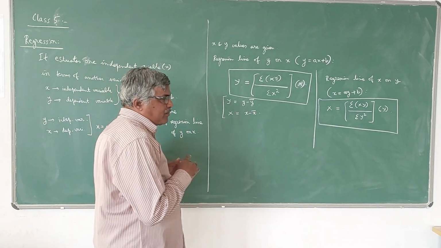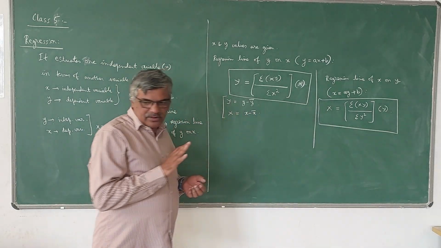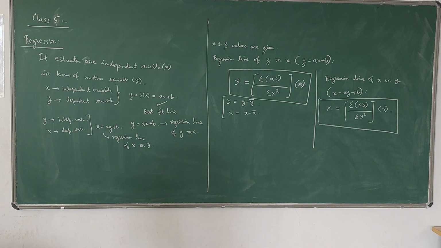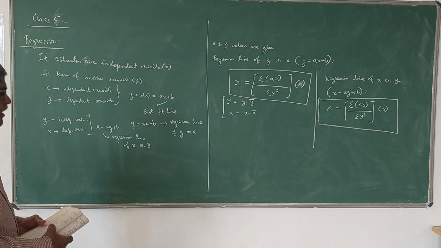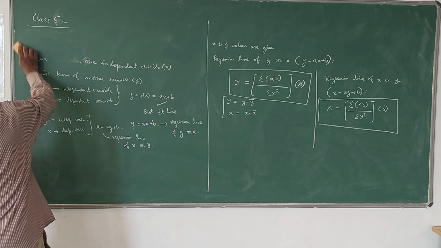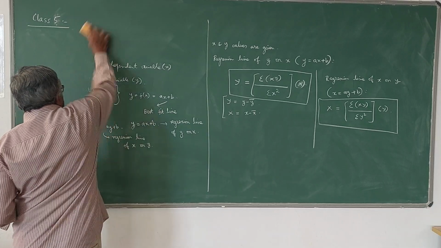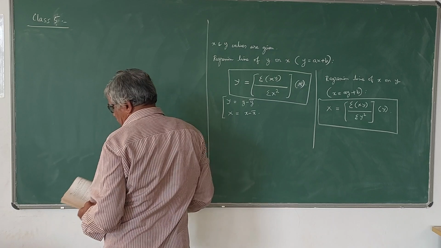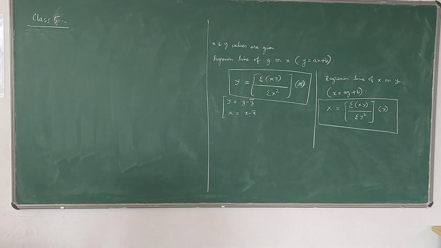So using this concept, now we can do a problem of fitting the regression lines for a given set of data. Let me take the problem like this. The problem is: obtain the lines of regression and also the coefficient of correlation.